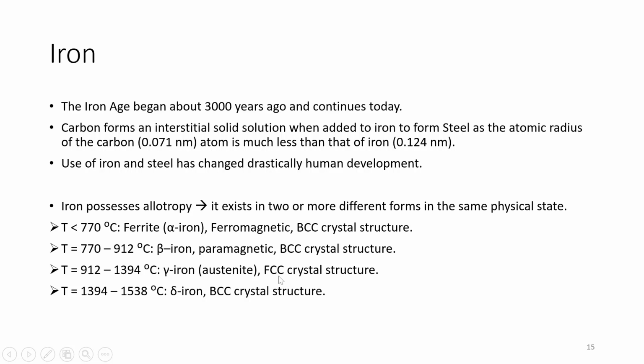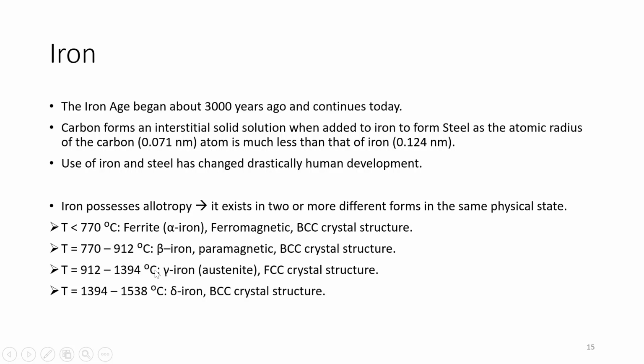Basically, these crystal structures you can find out using XRD, right? XRD can be done at higher temperatures as well. It's not that tricky, but yes, it can be done at higher temperatures. Also, this particular temperature is for pure steel.